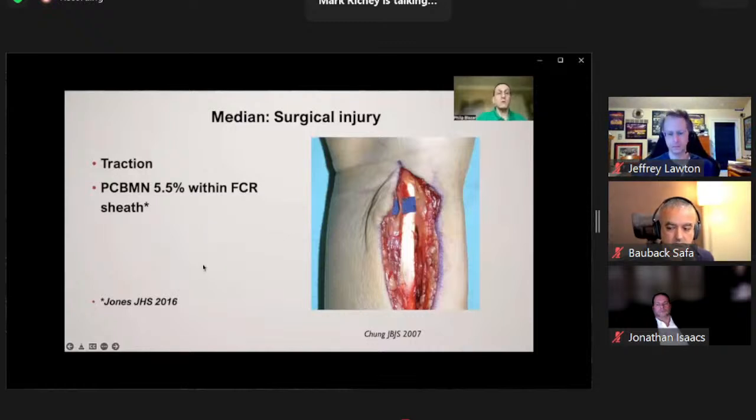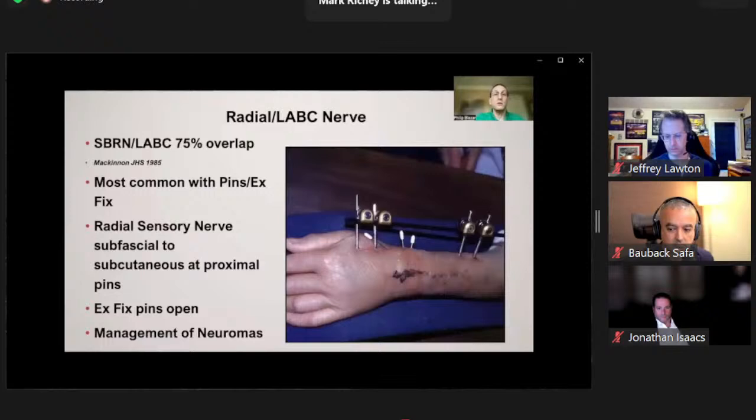And Jones et al. demonstrated that they saw over 5% of their patients within the FCR sheath, they identified branches of the palmar cutaneous branch of the median nerve. I must admit, in my practice, I don't see it 5% of the time, but certainly it's worth spending a moment at the distal part of the incision and keeping the incision of the FCR sheath on the radial side of the sheath to protect the palmar cutaneous branch.